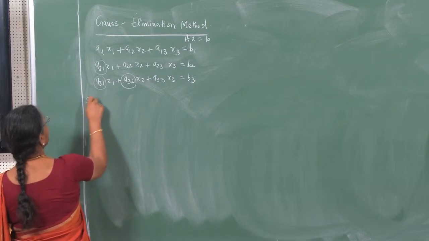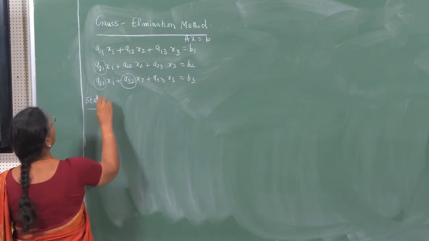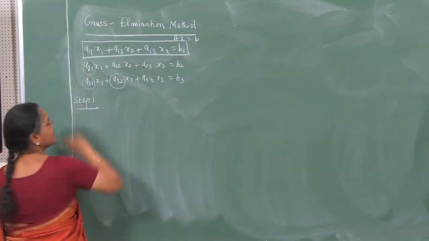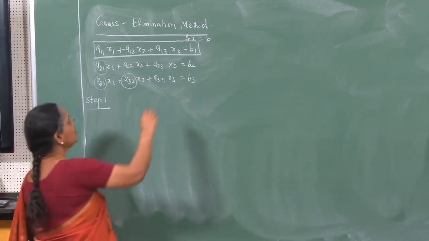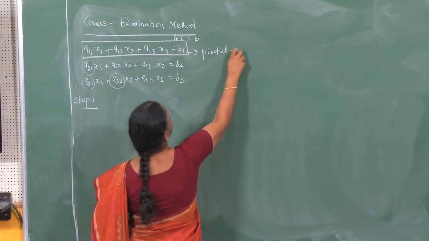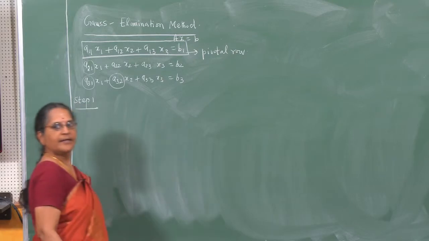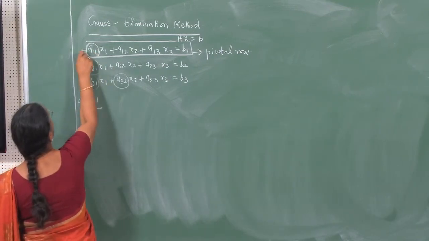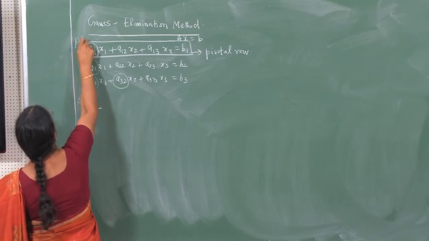The first step is the following, namely I keep the first row as it is. I call this row as a pivotal row at this step, and the coefficient of x1 is what is called the pivot.